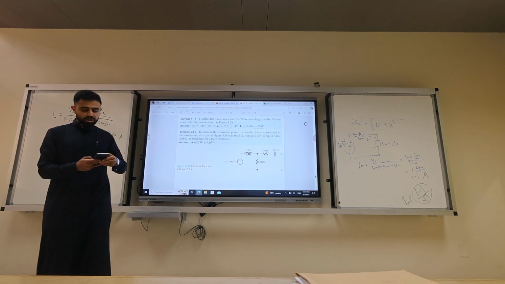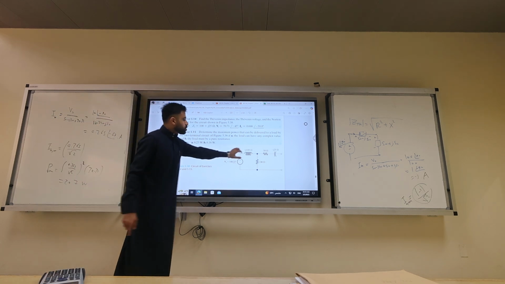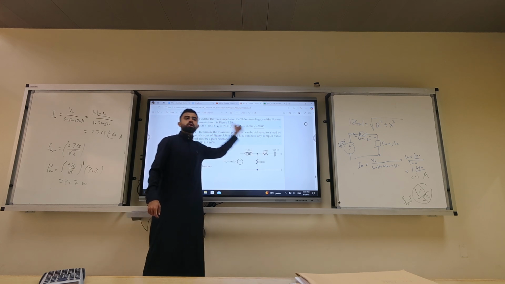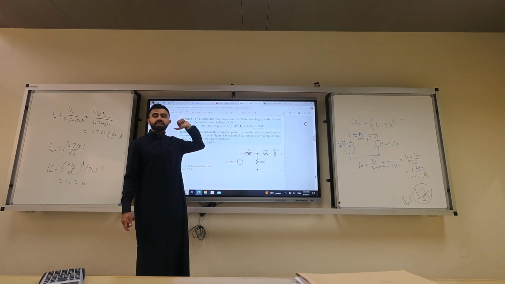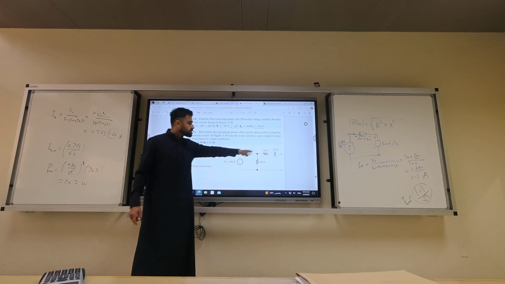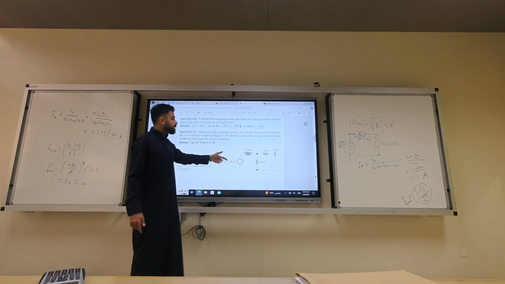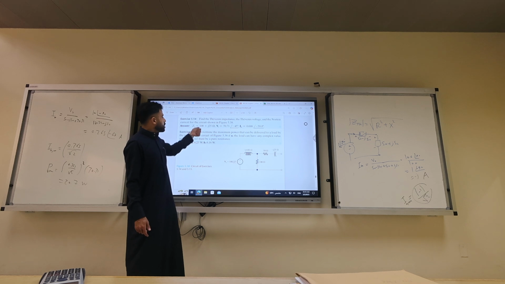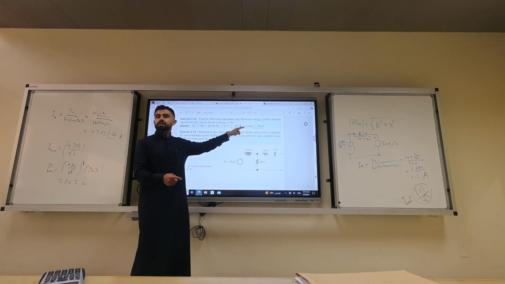Now, let me ask you a question. When you calculate the power, do you use this circuit or the Thévenin equivalent circuit? Use the Thévenin equivalent circuit. Get it? Do not reuse the big circuit. Khalas, we got rid of it. So to calculate the maximum power, you connect the load to Z Thévenin, put the voltage source of V Thévenin, and calculate the power.